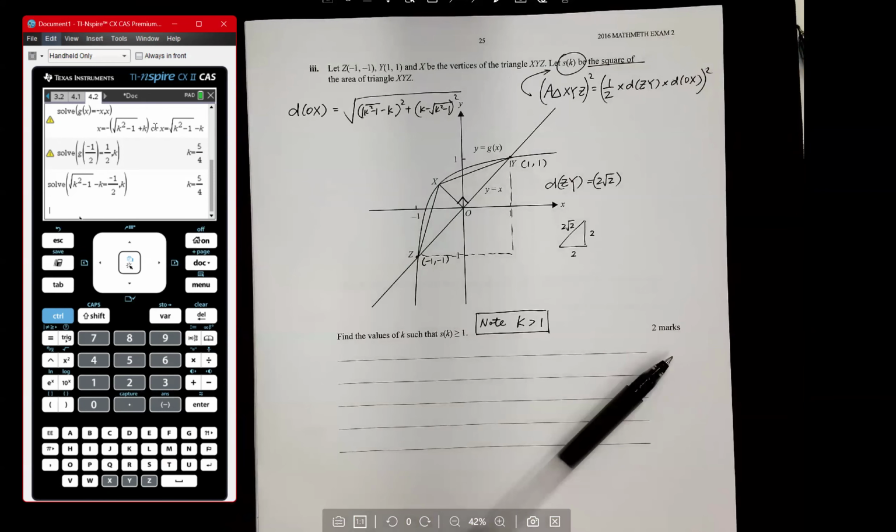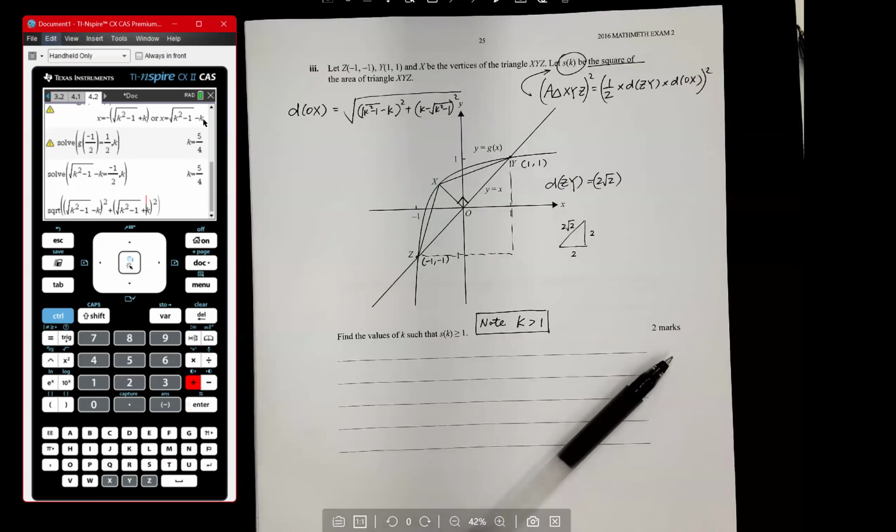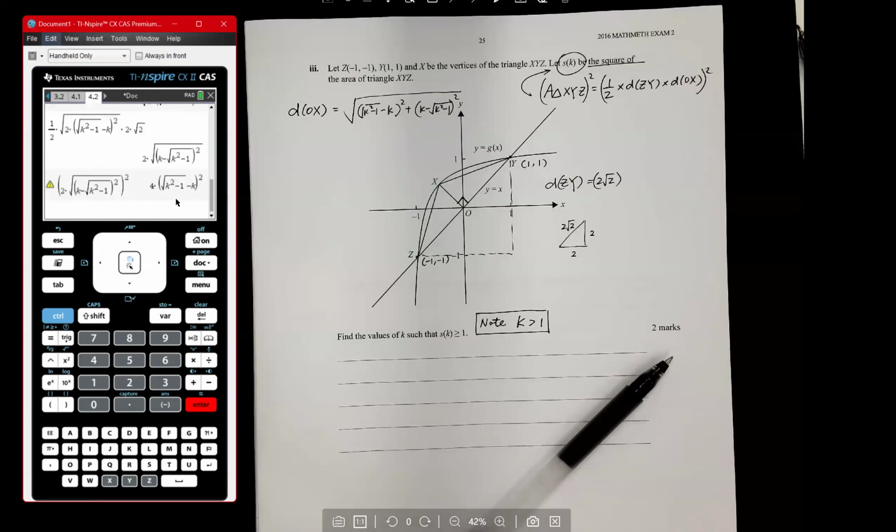So first of all, if I get the square root of something squared plus something squared, this expression, same expression, but I think this is a plus, this is a minus. Eventually you'll see it's just 2 lots of the first term squared. You get something like that. Then we multiply that by half times that times 2 square root of 2. I get that. And then we square everything. So that is my S of K.